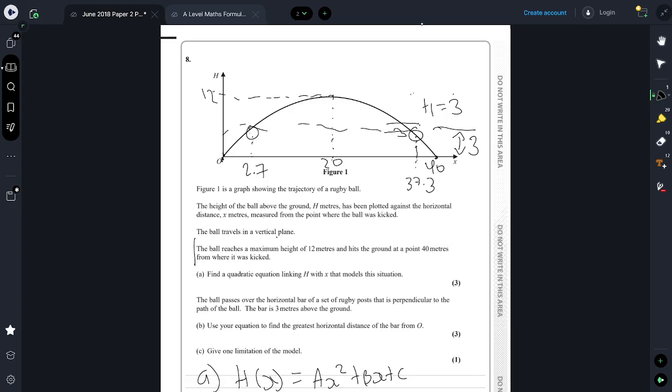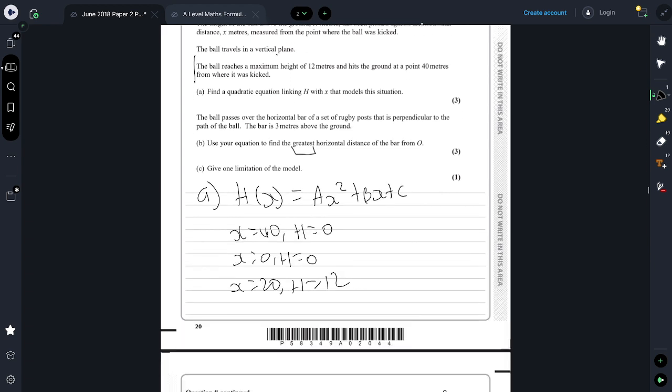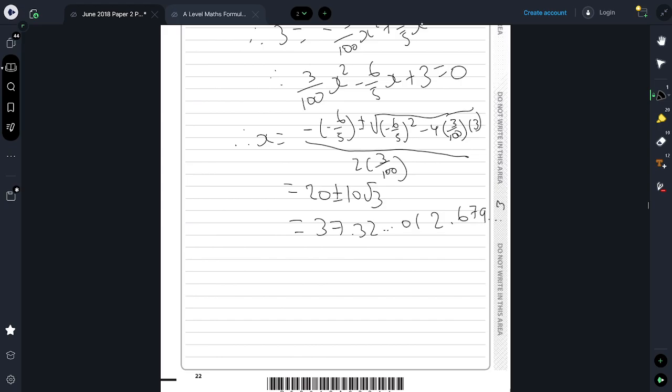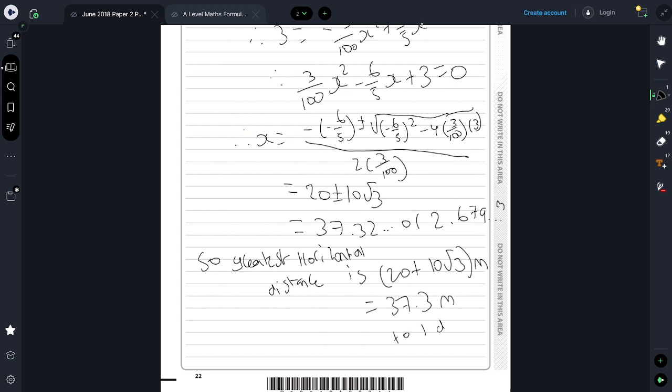So there's two solutions here, but it's asking us to find the greatest horizontal distance of the bar from O. Well, there's two possibilities, so it's going to be this one, isn't it? 37.3 is 20 plus 10 root 3 meters, which equals 37.3 meters to 1 dp.